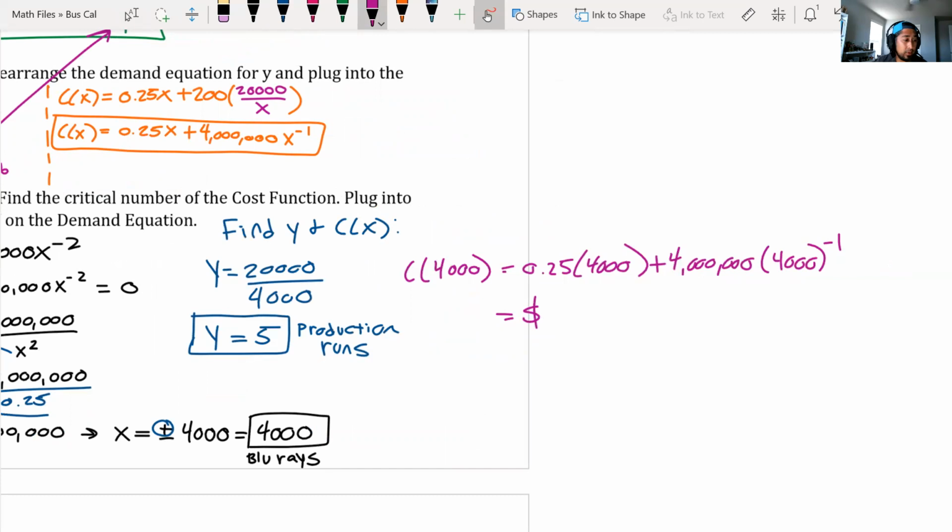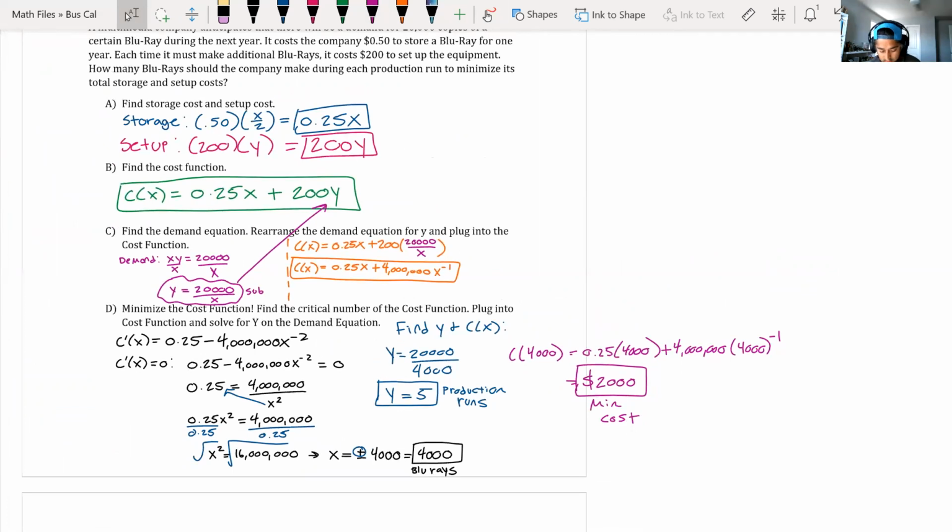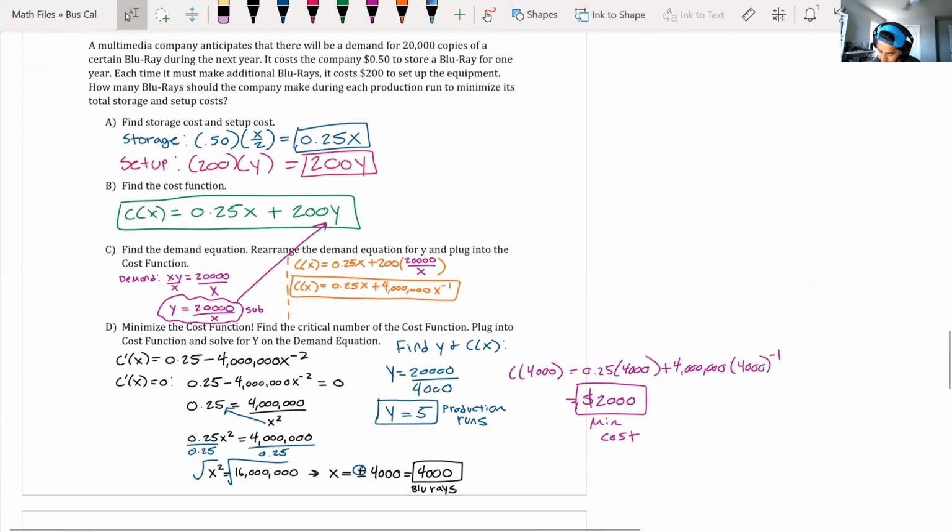And what is our minimum cost going to be? Let's see. That's going to be $2,000. That's the minimum cost. Okay, so I'm pretty sure that's the minimum cost per production run.